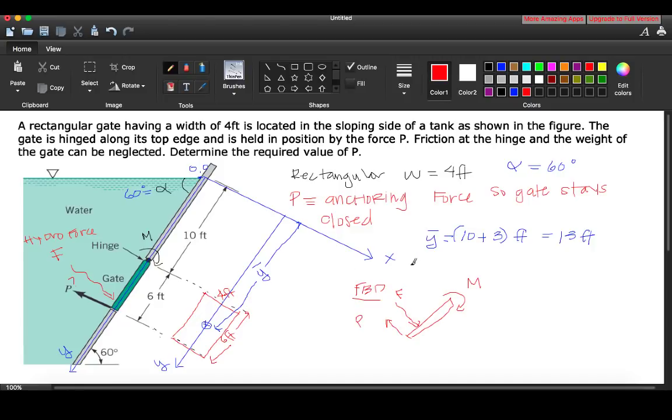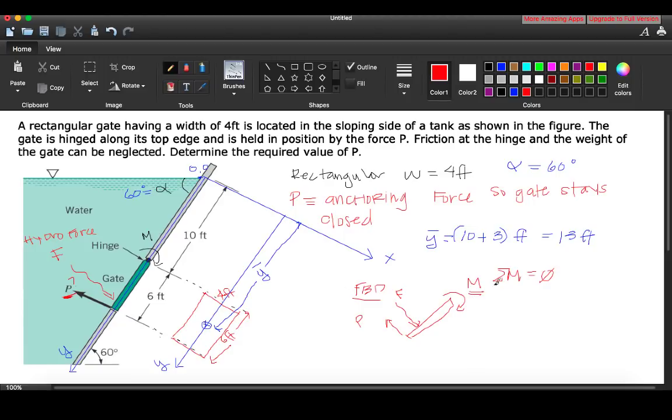We are hydrostatic, meaning not moving, right? So again, what is going to be our sum of moments? Well, sum of moments is going to be 0, right? Because we are not moving. We're making sure that the gate remains closed, right? Where the gate is remaining closed as long as this force is being applied, okay?